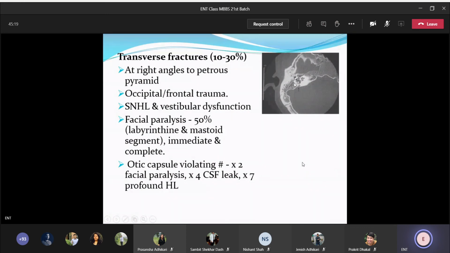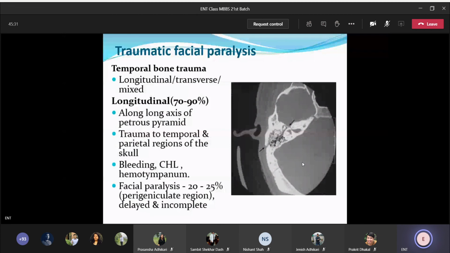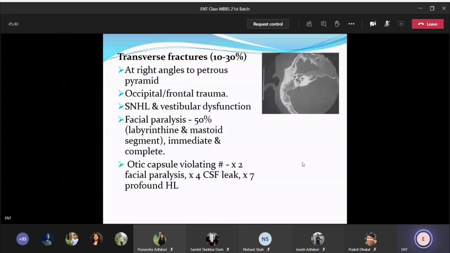The patient also may complain of the dizziness, and facial paralysis is seen in 50% of the cases. So facial paralysis, another MCQ. Facial paralysis is seen most commonly in the transverse fracture of the temporal bone.